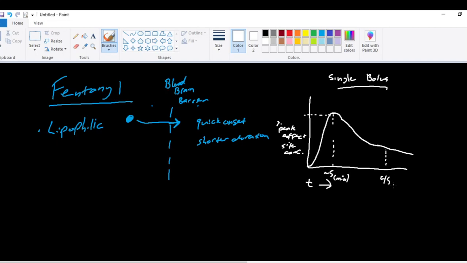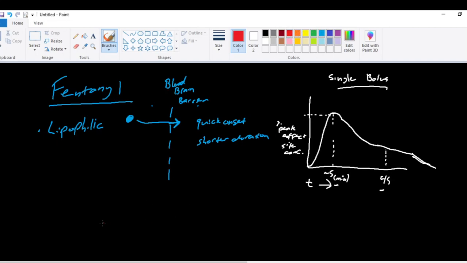But we can say 45 minutes just for keeping things simple here. So the onset of fentanyl is 5 minutes, duration of action is 45 minutes, and then afterwards you will see basically this concentration decrease.